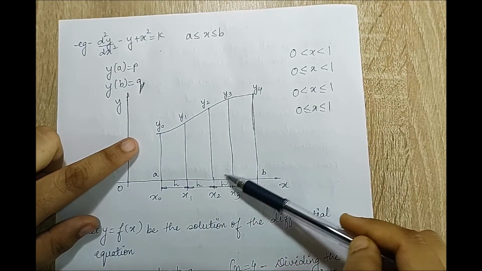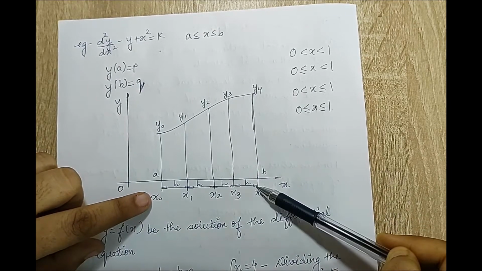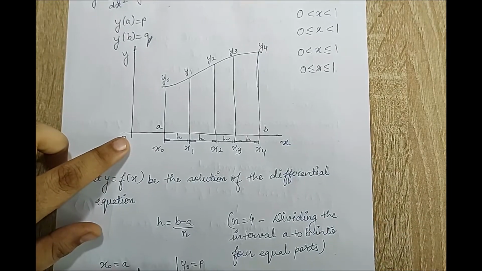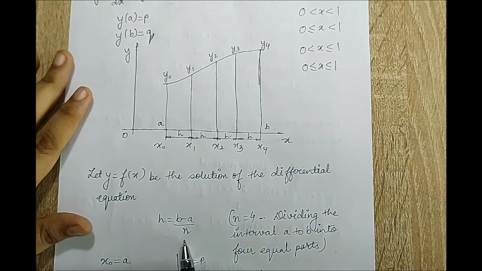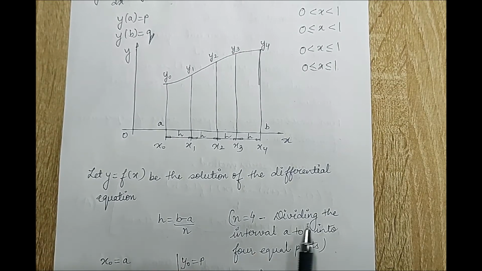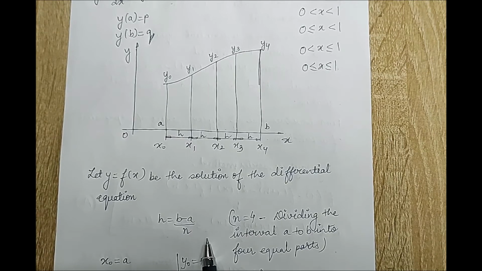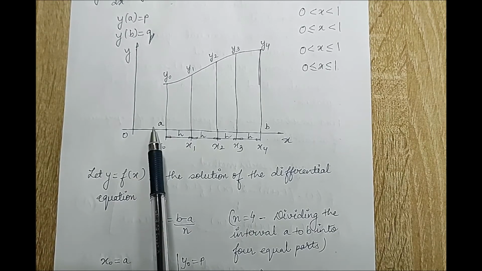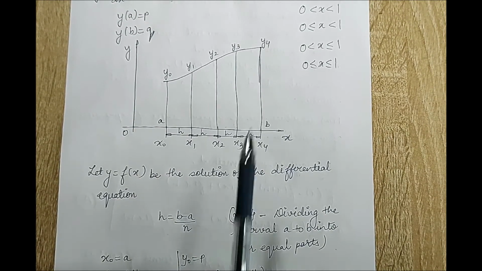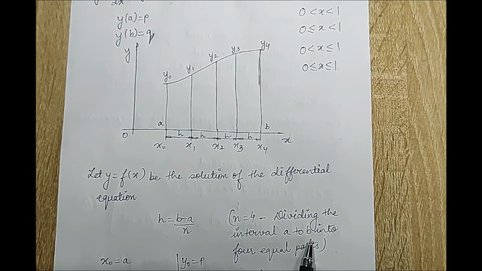Now these divisions are equal, that is h, as you observe. This h is b minus a upon n. Now n means dividing the interval a to b. As we saw, x has a domain from a to b. You can see the diagram also, from a to b. So I am dividing, let's say, into 4 divisions.